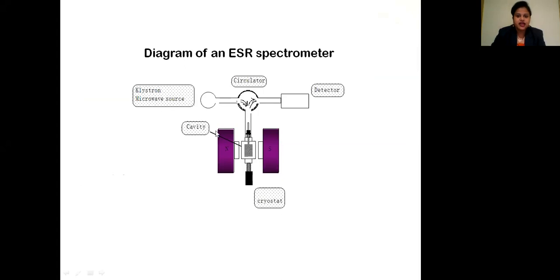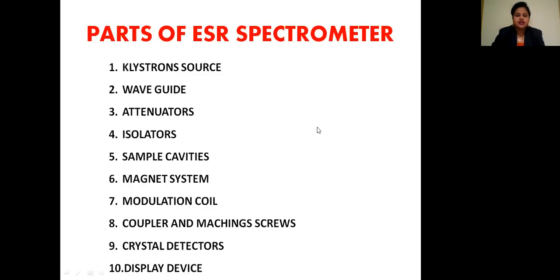Next is the cavity of the spectrometer, and N and S pole is used for the generation of the magnetic field. Then cryostat is used, and finally the detector. Here listed the most important parts of ESR spectrometer.